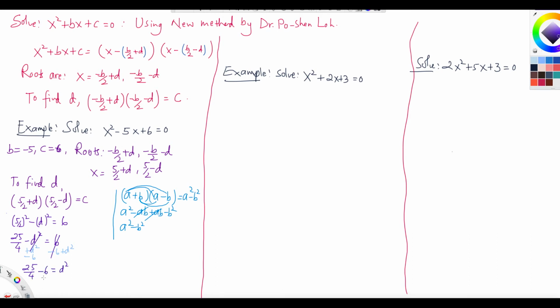How do I subtract that? 25 over 4 has a 4 in the denominator, you see that? But 6 has just 1 in the denominator. So I want to make 4 the denominator of this. So what should I do? Divide and multiply by 4. So 6 times 4 is 24 over 4. You see that?